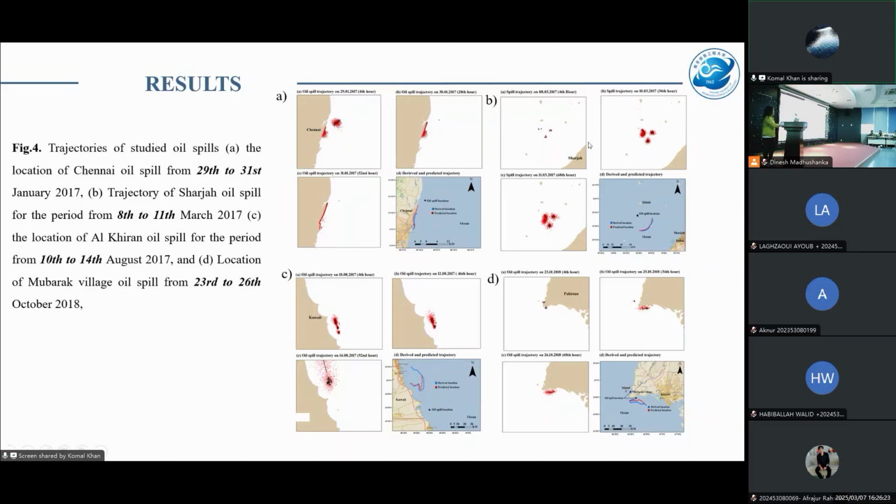And if you check the next, Sharjah oil spill, it was observed that oil was more in the C image compared to B. Why? Because the source of this oil spill was seabed leakage, and it continued. That's why it increased with time.